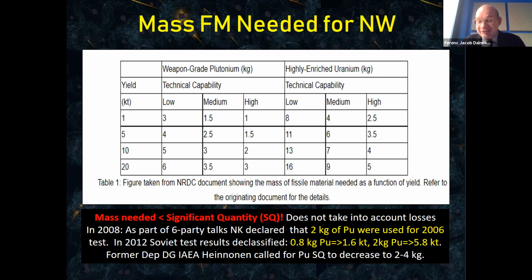The enrichment process itself is rather complicated. Although a lot of the information about how to do it is out there, it also takes a lot of energy, and it's hard to do it without anybody knowing. That may not be true in the future, but it's generally true right now.